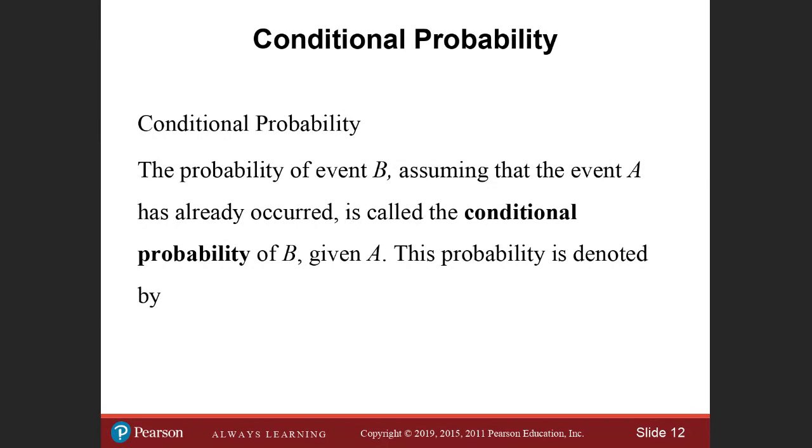So that would be P, probability of B given A. So this vertical line symbolizes the word given. So that would be the conditional probability.